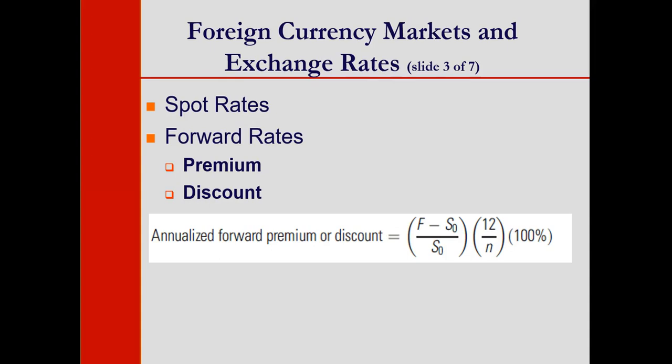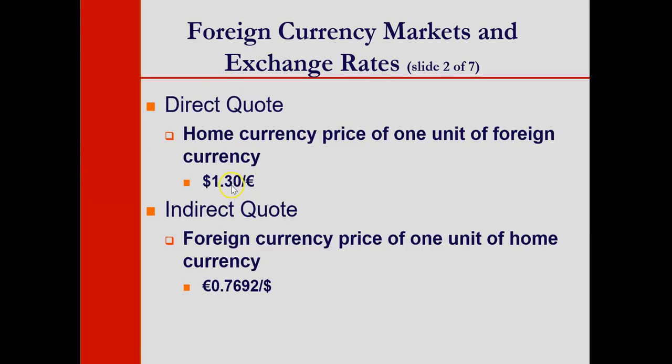So you will see per euro, let's say the price of the car is 30,000 euros. Okay, so the dollar value per euro is 1.30. So if you need 30,000 euros to buy that car, the value becomes 30,000 times 1.30.